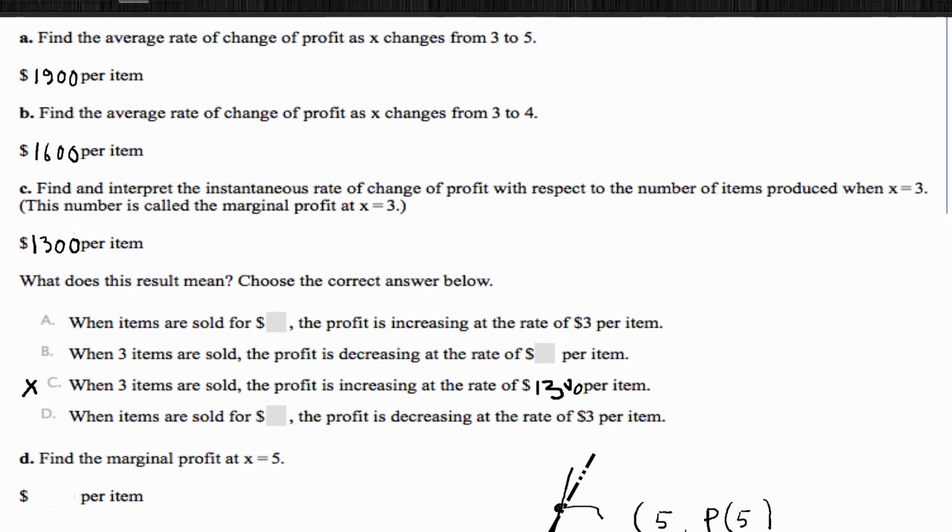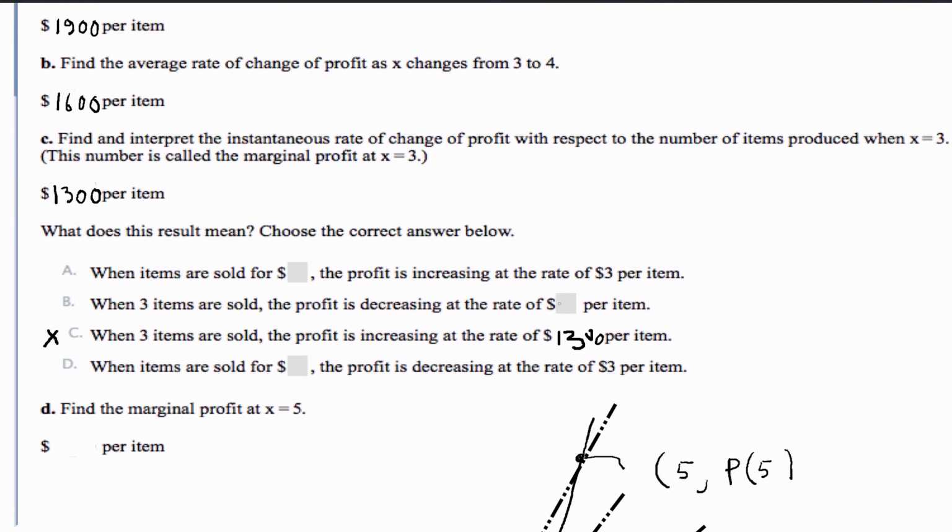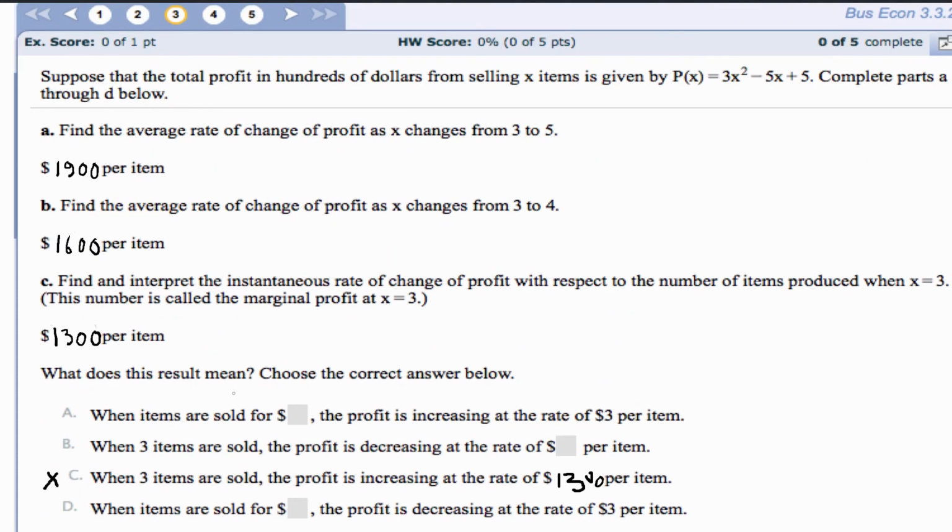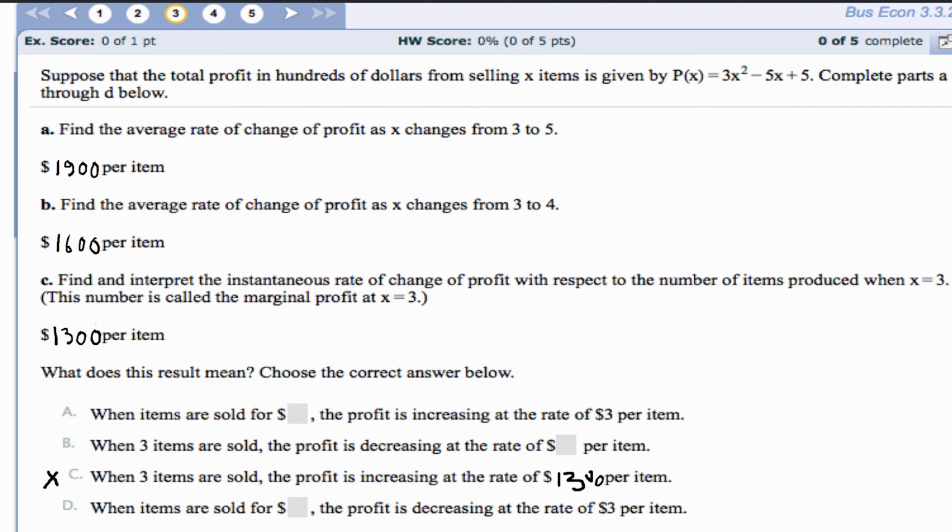Oh, find the marginal profit at x equals 5. Okay, I will let you do that one as an exercise. It'll be very similar to the case when we found the instantaneous rate of change of the profit with respect to the number, right?